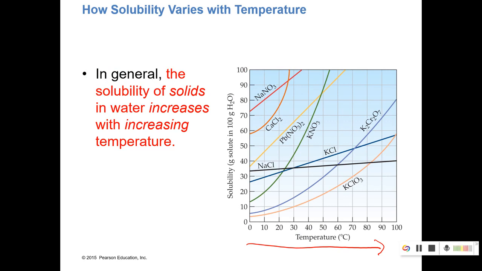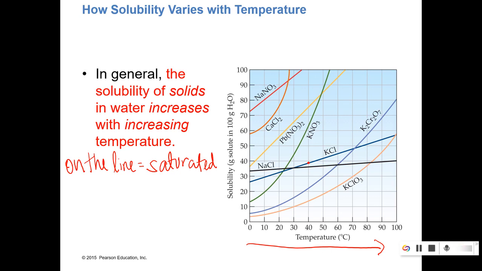So if we were to graph, and let's say we've got 40 Celsius, and let's say about 38 grams of KCl will dissolve at 40 Celsius. If I have that, we would say that point is on the line. And on the line will be considered saturated because I can't dissolve any more.